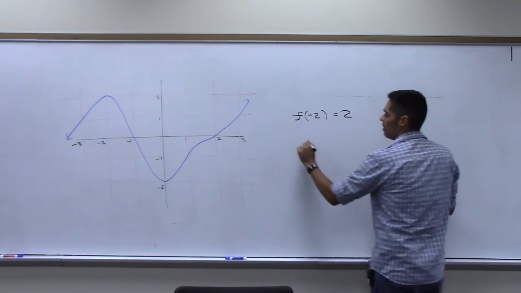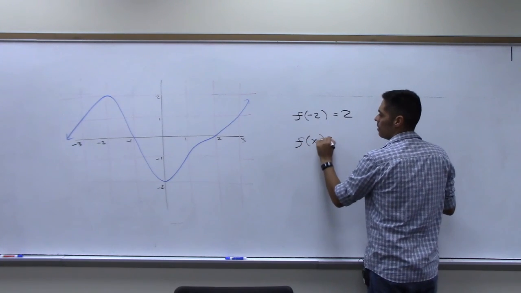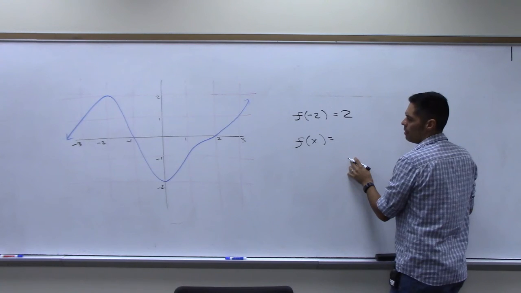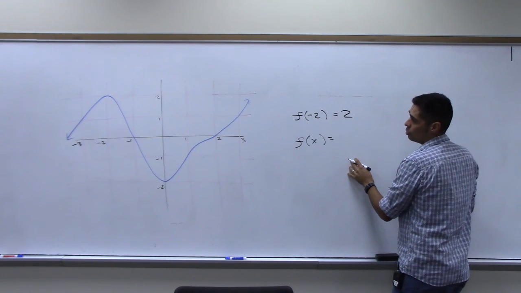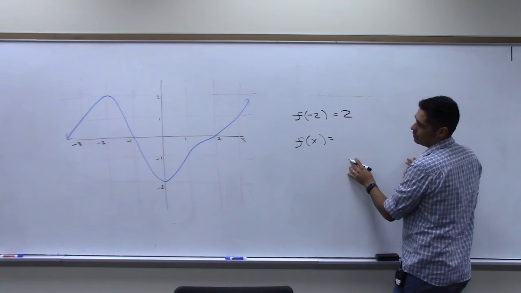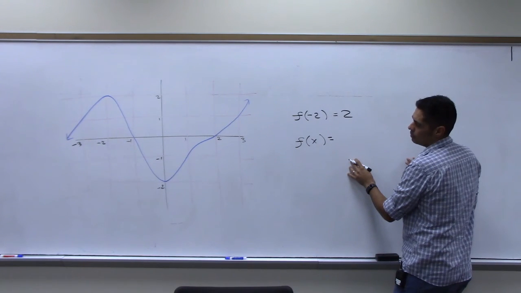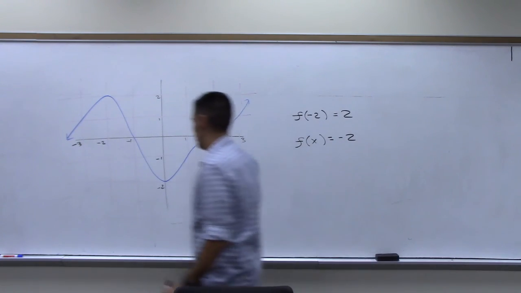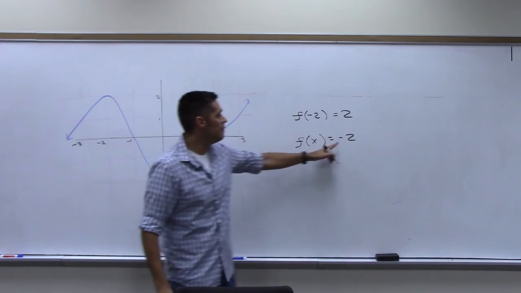If I say f of x is, let's go with, well, -3 won't be on there. Let's go with -2. How about that? So that means you're looking at where's your y value, right?